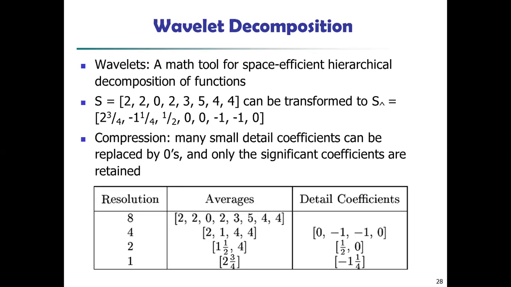Again, these 8 values are reduced to 4 values, then 2 values, then 1 value. So what are the coefficients of each one? You have to represent it as 4 to 1, 0, -1, -1, 0, 1/2, 0, -1, 1/4.